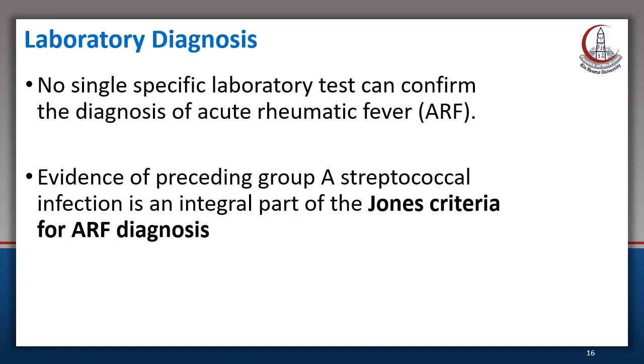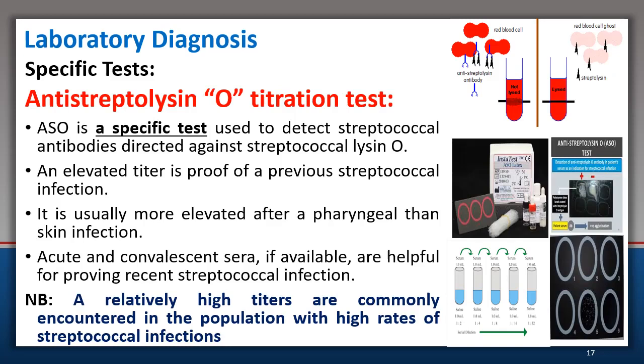But evidence of preceding group A streptococcal infection is an integral part of the Jones criteria for diagnosis of acute rheumatic fever. There is a specific test used, which is the anti-streptolysin O titration test.